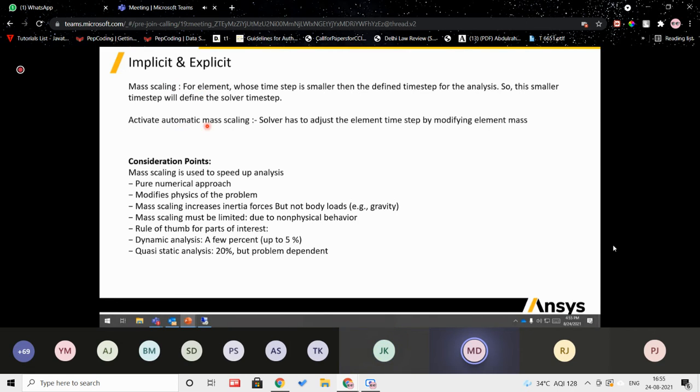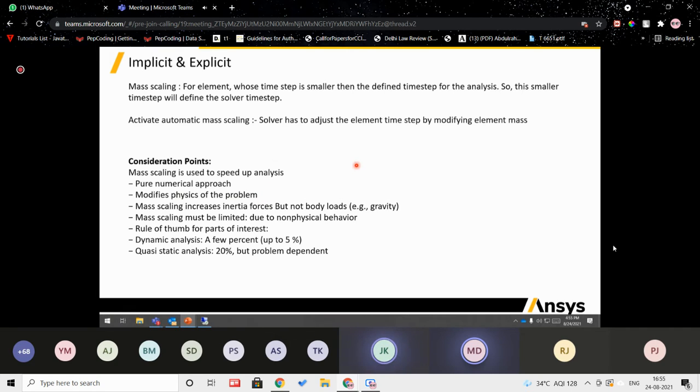What mass scaling does is it virtually adds some mass to your element and moves your time step for that particular element so as to satisfy the condition. The consideration here is that it is a pure numerical approach and modifies the physics of the problem. How does it modify it? It simply adds mass virtually.